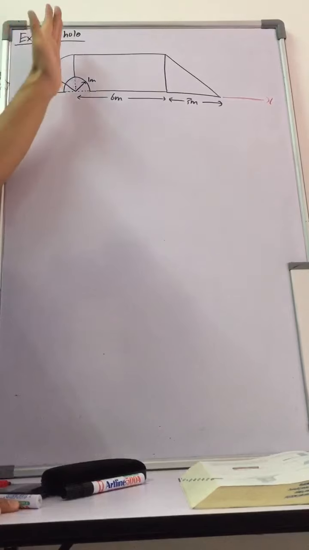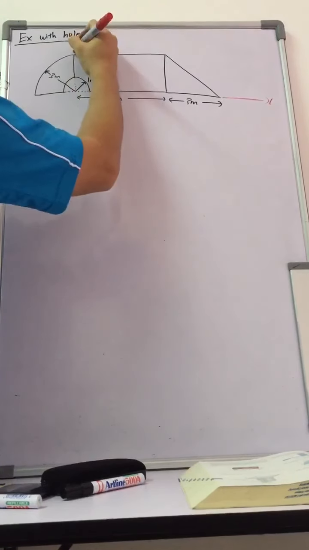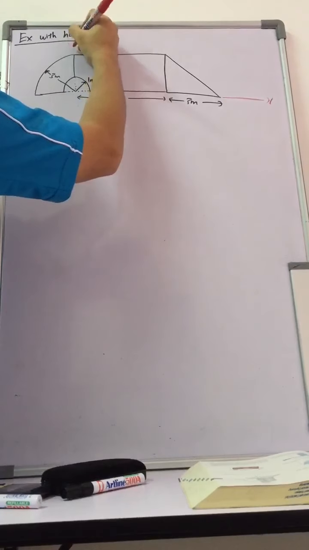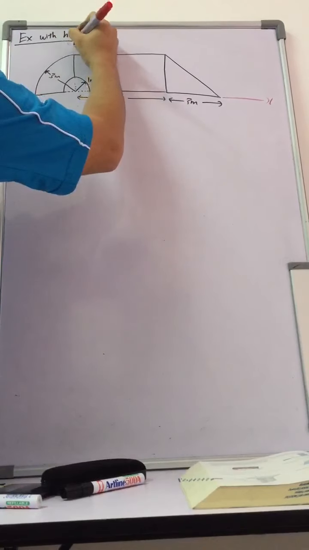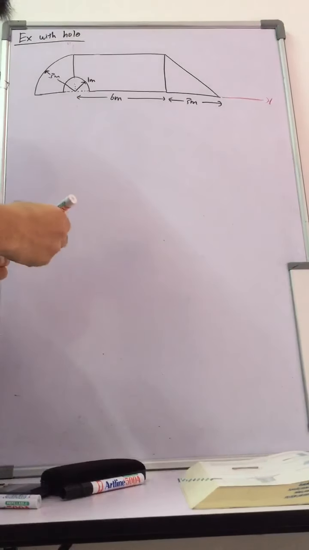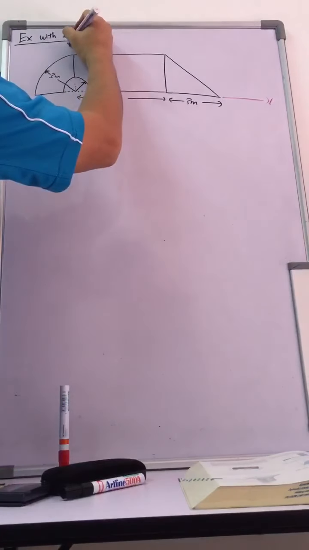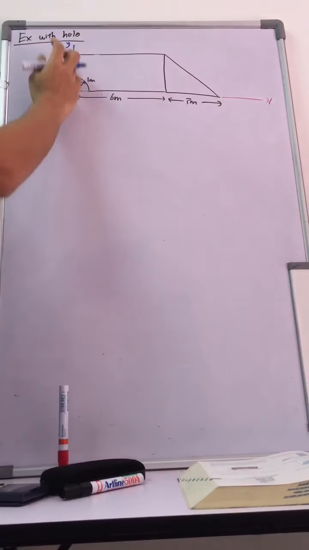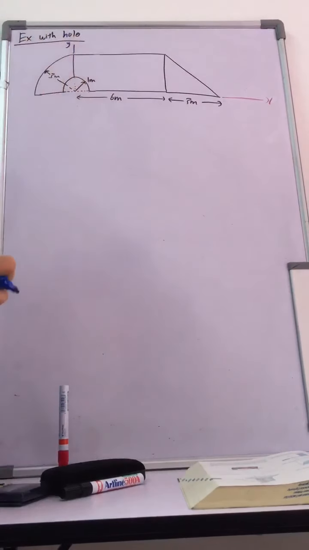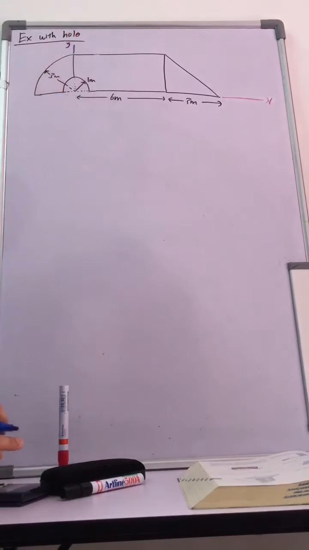It doesn't matter, but let's put Y here, okay? You can put it elsewhere if you want, no problem. But in your example, the question put Y here, so if the question put Y here, then just use that one.